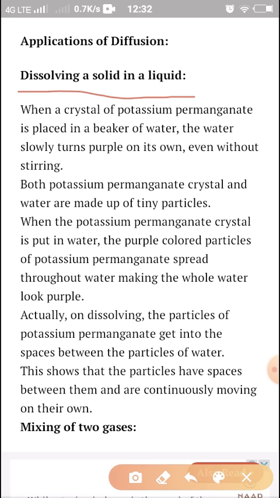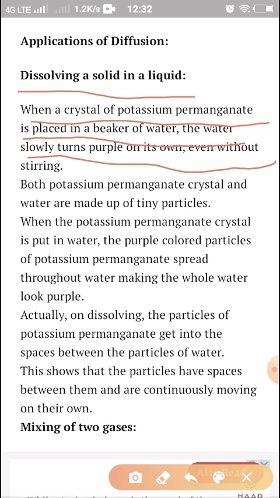When a crystal of potassium permanganate is placed in a beaker of water, the water slowly turns purple on its own, even without stirring. Don't be so deep and scientific. Let's take a home example.